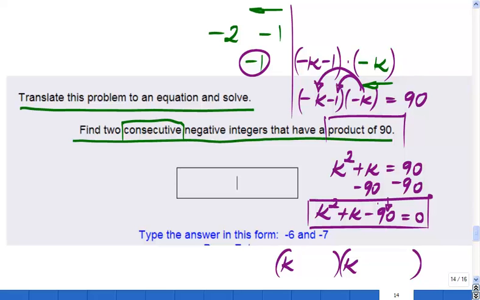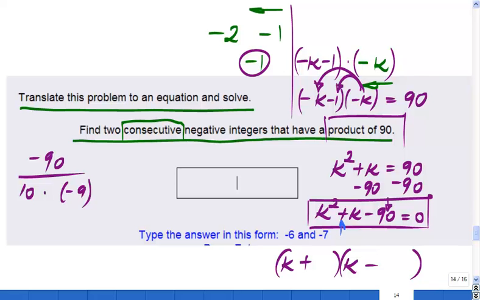Because the last term is negative, it means one is plus, one is minus a certain number, such that those numbers multiply to negative 90. And most likely I have 10 times negative 9, because 10 times negative 9 is negative 90.